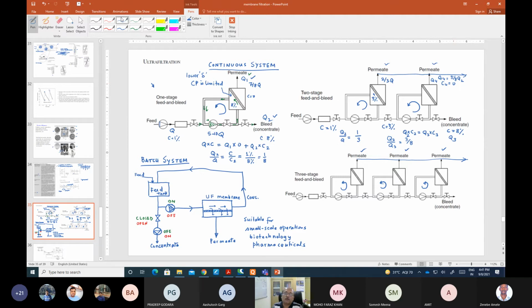So if you compare the membrane area in one stage with the total membrane area in the two-stage process, the total membrane area in two stages is maybe 60% of a single-stage process.